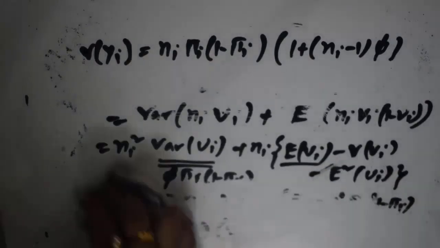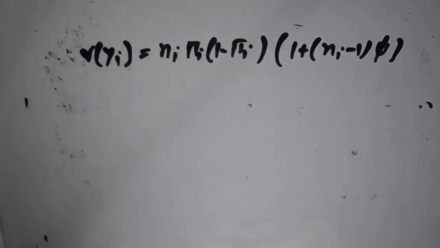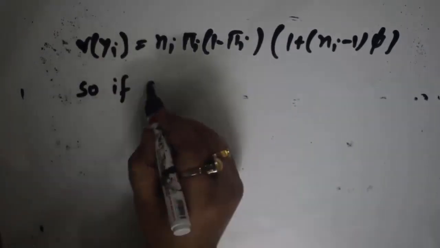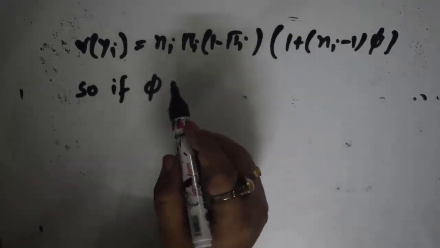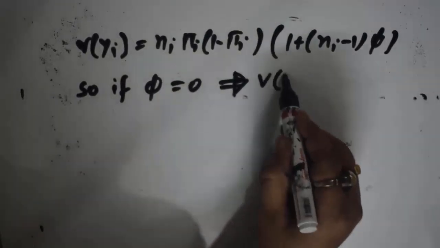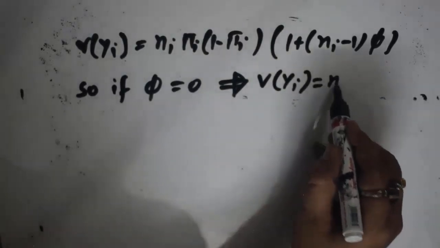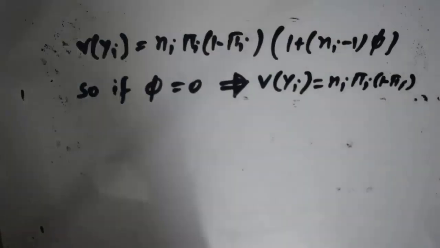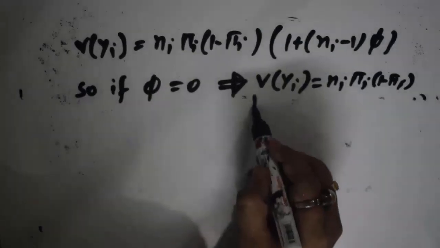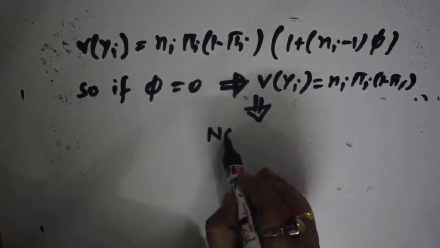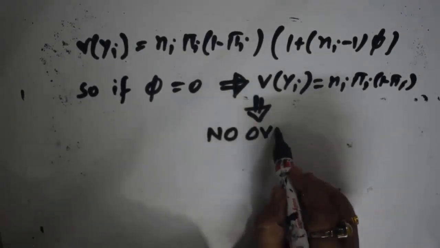So if phi is equal to 0, this implies the variance of Yi is equal to Ni pi i into 1 minus pi i. That means no overdispersion.